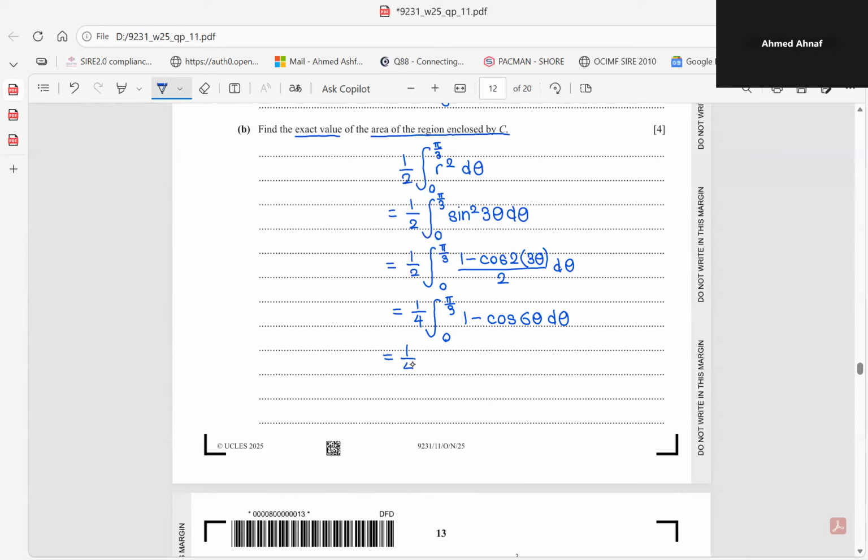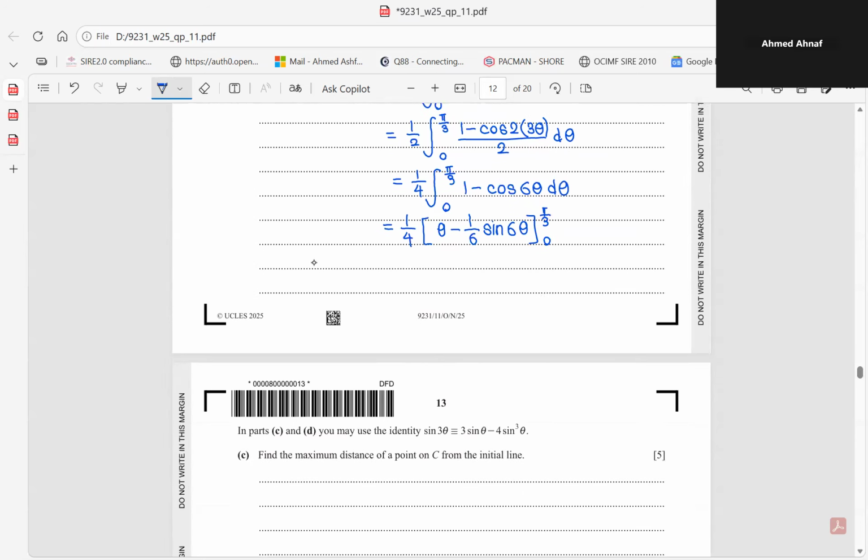This is 1 over 4. Then integrating this, integrate 1, you'll get theta minus, and then integrate cos 6 theta, it's just going to be 1 over 6 sine 6 theta with the limits.